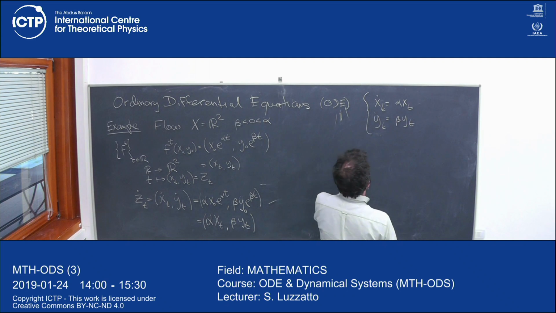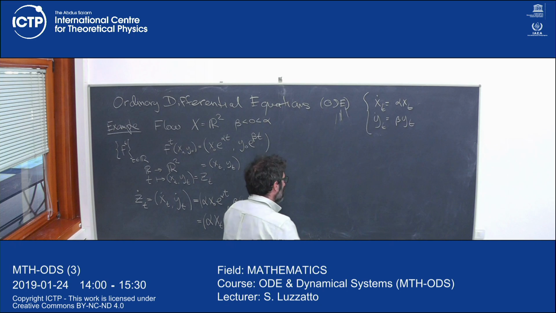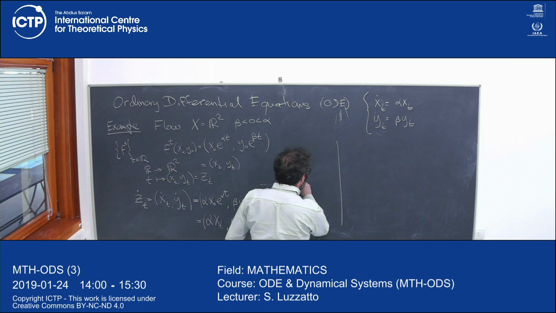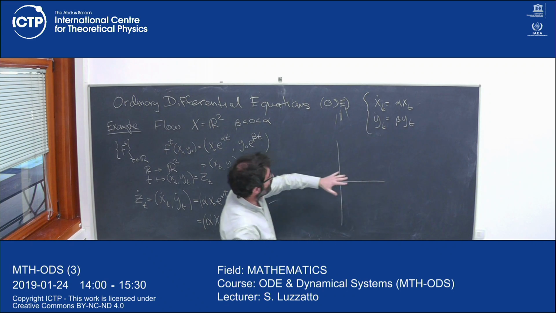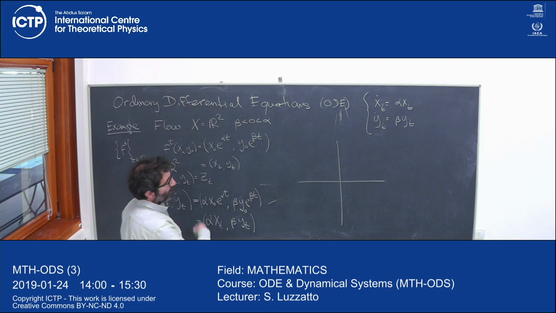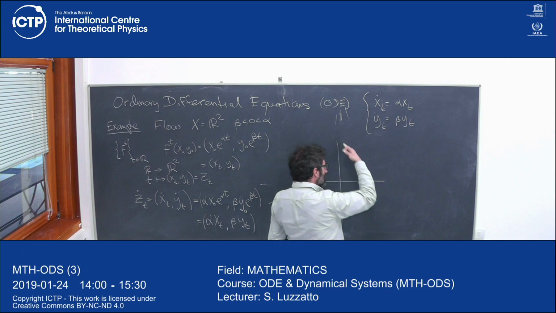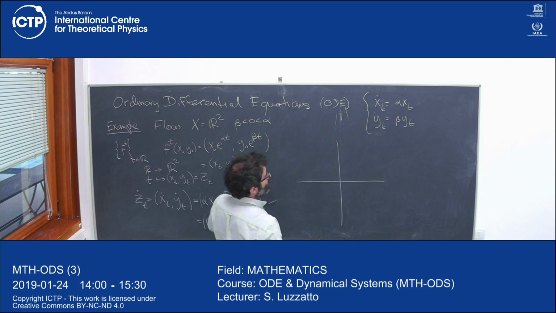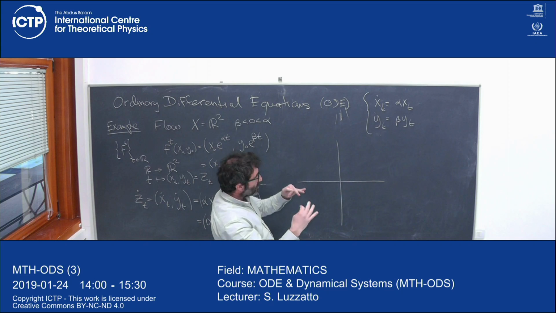And another way to write this is as a differential equation. Sorry, before I write it differently, this is just writing the equations that come from this particular observation: if you have this system of equations, then you have all the tangent vectors.